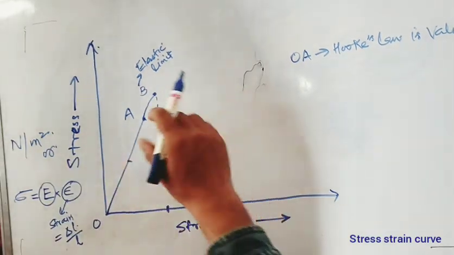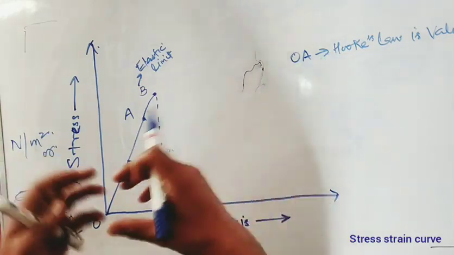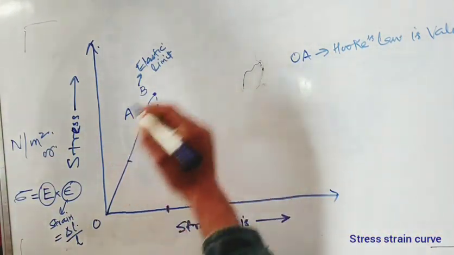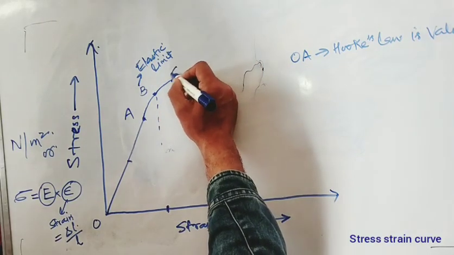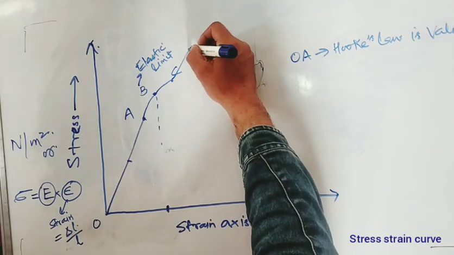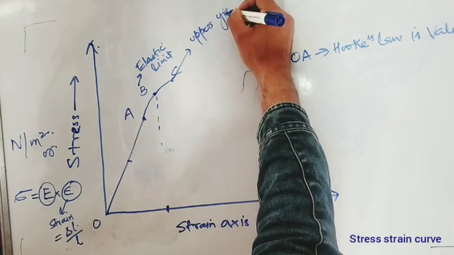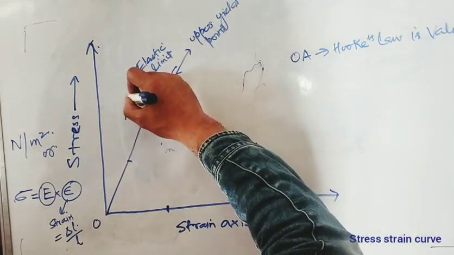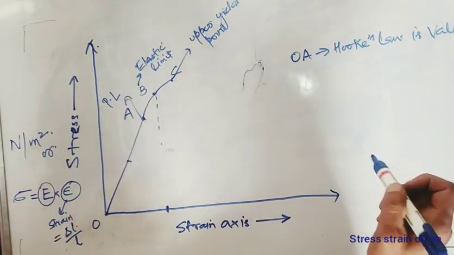Now, when we stress it further, when we provide more stress to our mild steel specimen, we get one more point over here. This point C is called the upper yield point. This point is the proportionality limit. I hope you all will be drawing it.